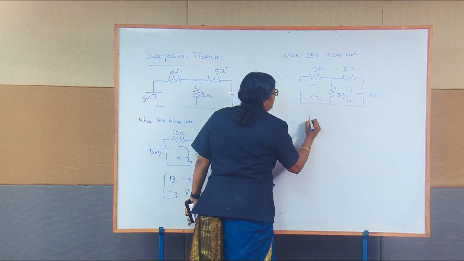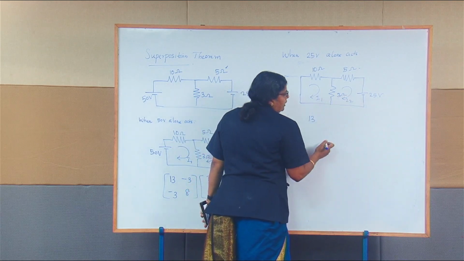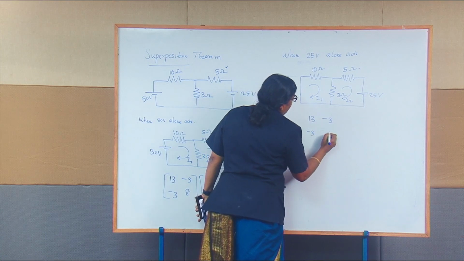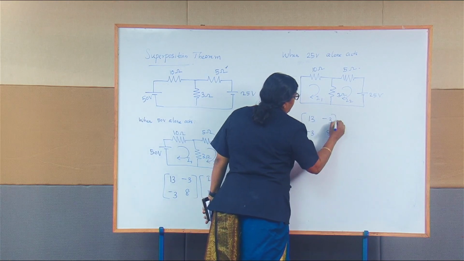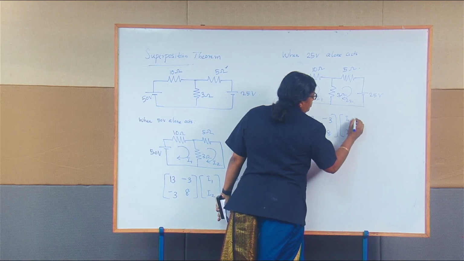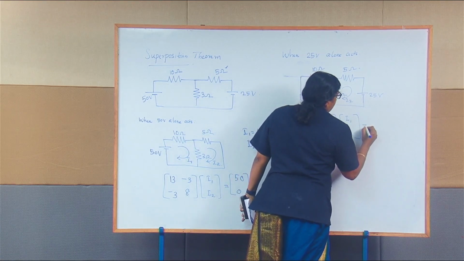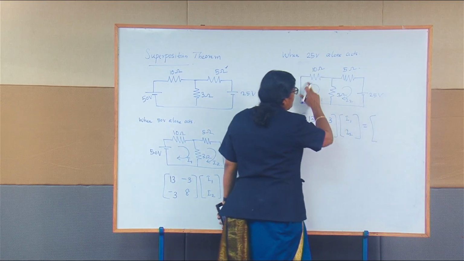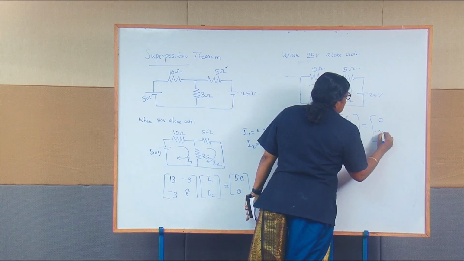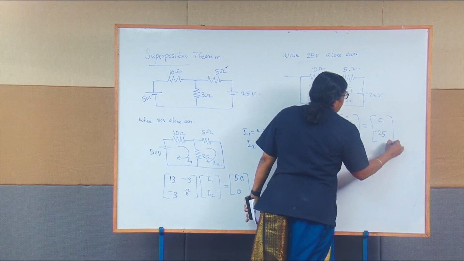So this is again 13. By the inspection method we can write the equation directly. Minus 3, minus 3 and 8, I1 and I2, equal to, now in the first loop there is no voltage source, so I can write 0, and in the second loop it is minus 25 volts.